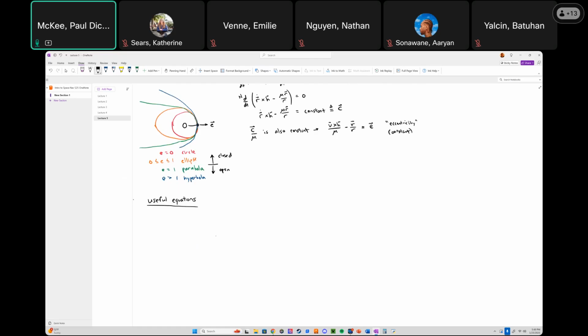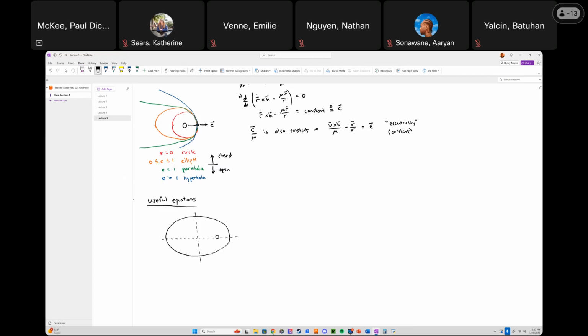Let's say that you've got some central massive body here, and let's say that you've got an orbit of that massive body. Now I'm going to do my best to make this symmetrical here. That's reasonably good. And this is the ellipse in question.